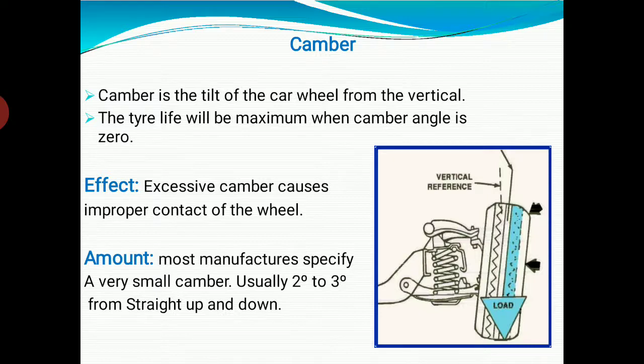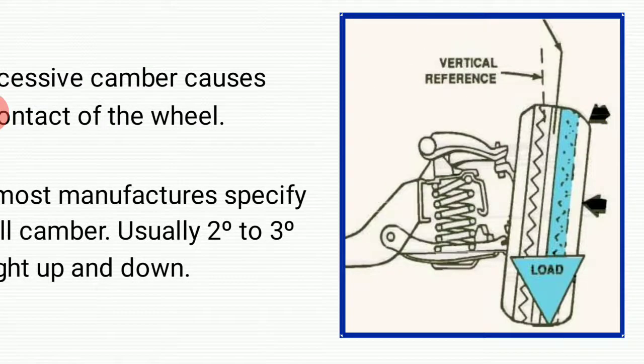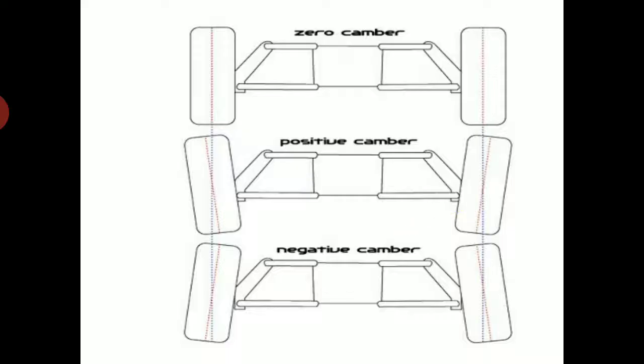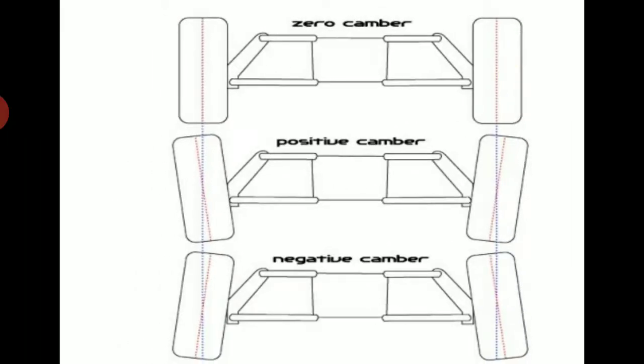You can see the figure here. Load will be acting on the tire. This is the tire, and the vertical reference will be there. In detail, the axis of the two tires is exactly centered.